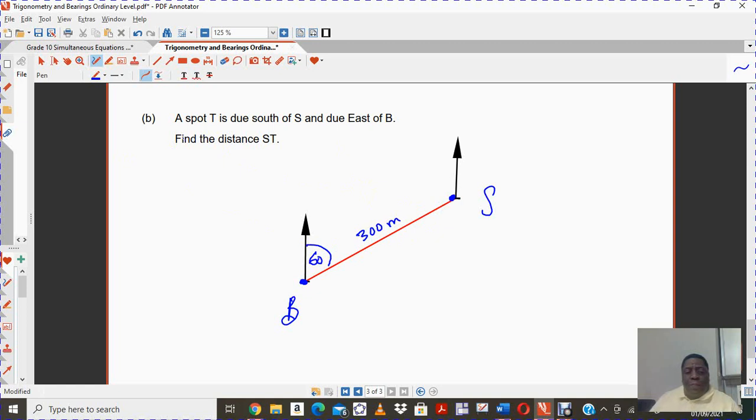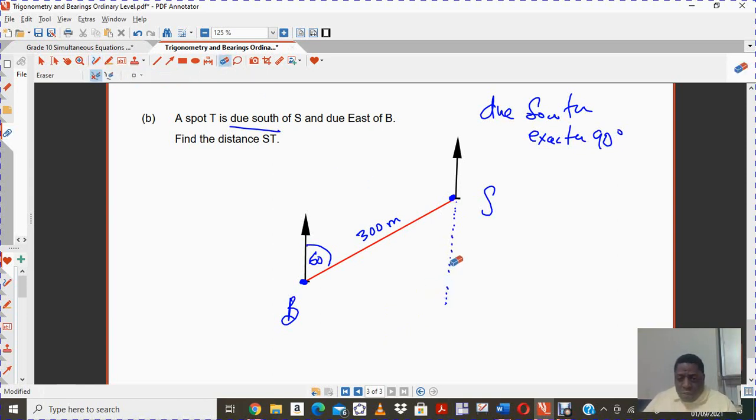Then they say a spot T is due south of S, due south. Due means exactly, due south means exactly 90 degrees south, so that will be in this direction here. Okay, just a little bit crooked, but you will get the idea. So let me just take that off. So that is going to be something in this direction, exactly 90 degrees.